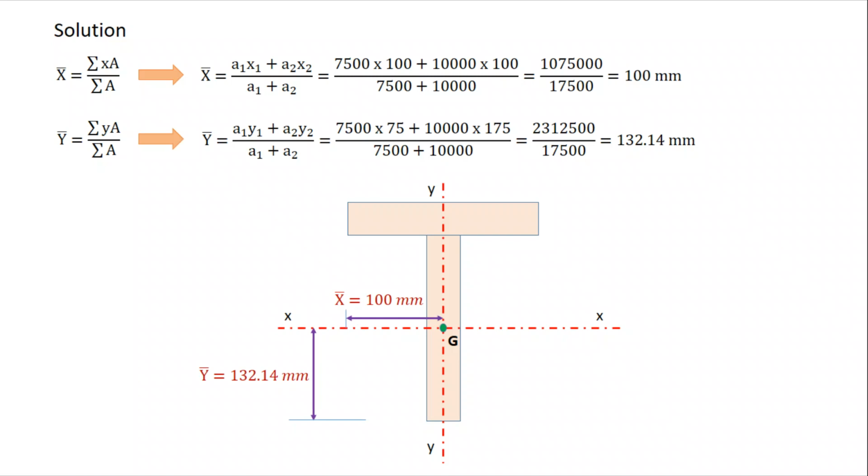After marking x bar and y bar, the horizontal axis is the centroidal x axis and the vertical one is the centroidal y axis.